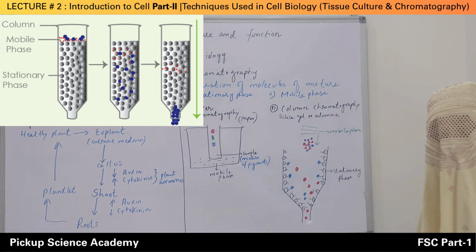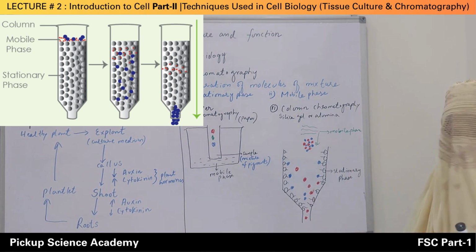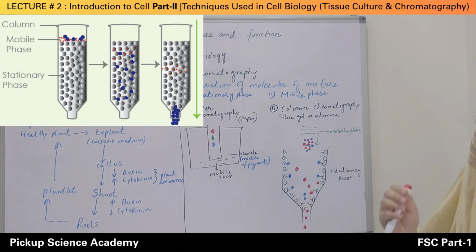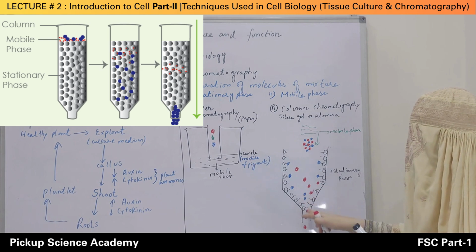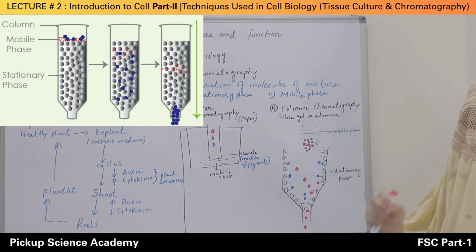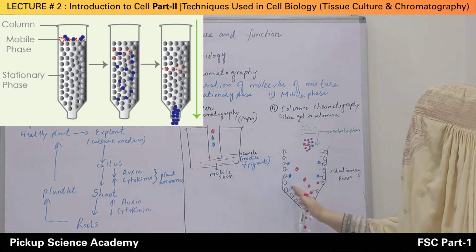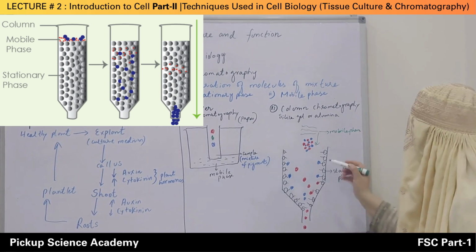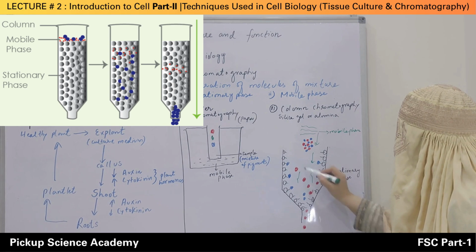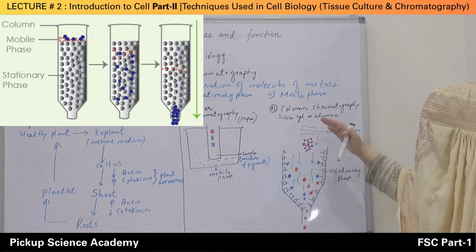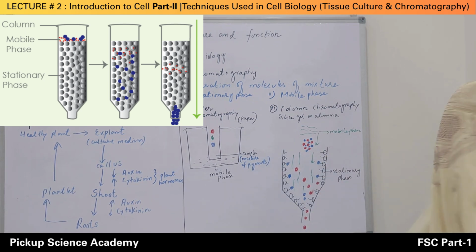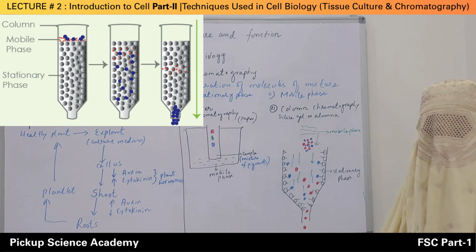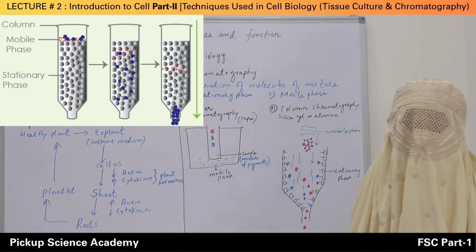So the particles which have less affinity with the stationary phase will elute first. Okay. So we will get the red particles first. That component will be eluted first. And the particles which have more affinity with the stationary phase will elute after the first one. Okay. And this all happens when the mobile phase takes it over that column. So through this procedure, different types of components can be separated from the mixture.